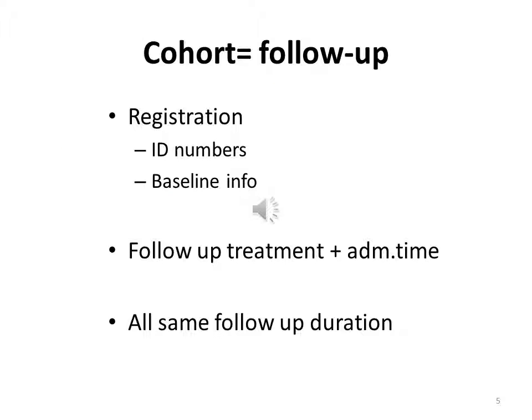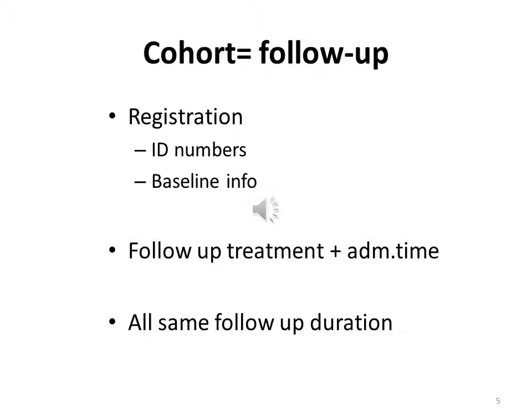At registration, the patients get an ID number from the register and are given a treatment card, and all baseline information is recorded, like age and sex and address and results from a laboratory and type of tuberculosis. Follow-up is done by health workers, and every visit is recorded in the patient card and in the register. In epidemiology, the usual cohort outcomes are given in numbers per person years of follow-up.